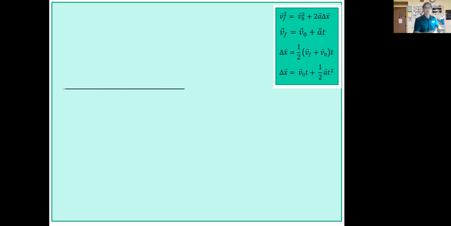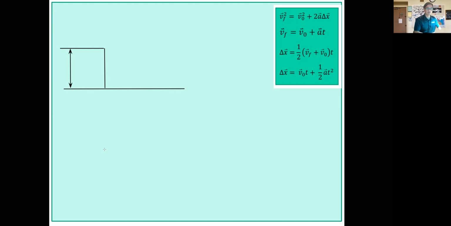Now the difference with this particular problem is that we take our object and we are launching it not from the surface of the earth, but from a position that is above the surface of the earth. And how much above the surface of the earth are we? That's this distance right here.